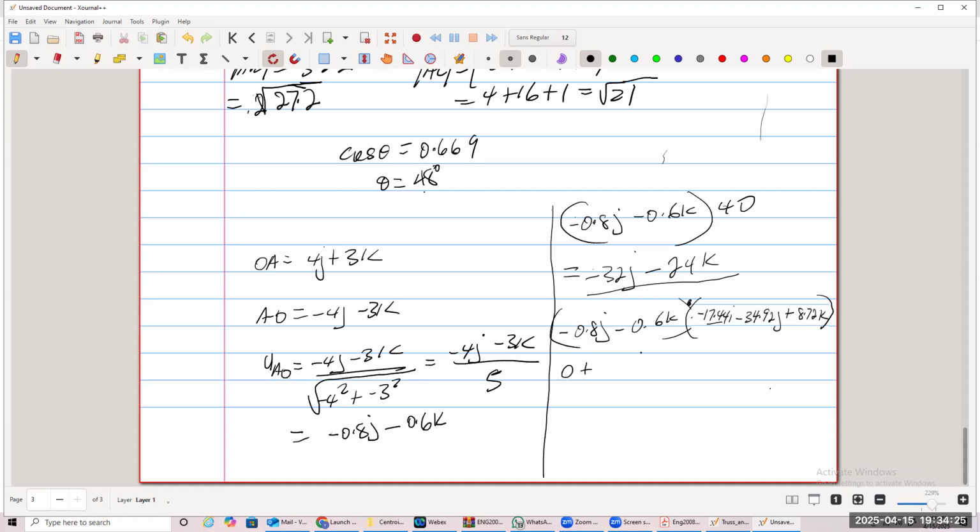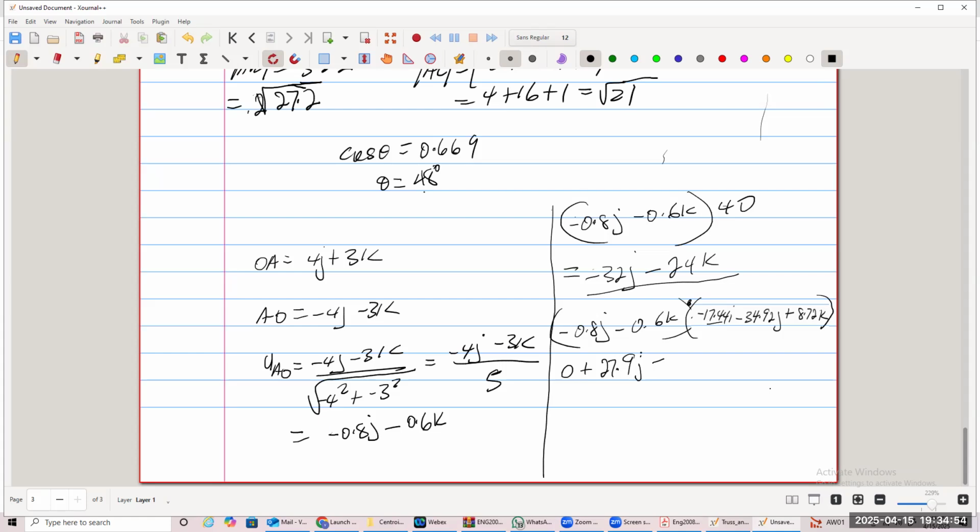So you will get something like 27.9, approximately there. That's your J. And what's your K now? Your K would be 0.6 times that figure over there.